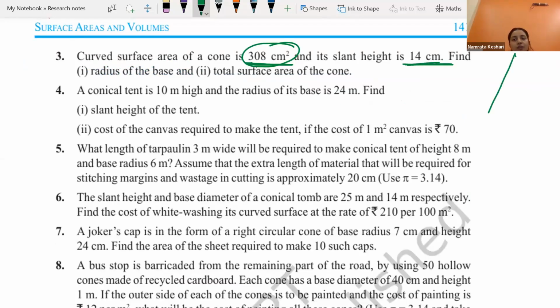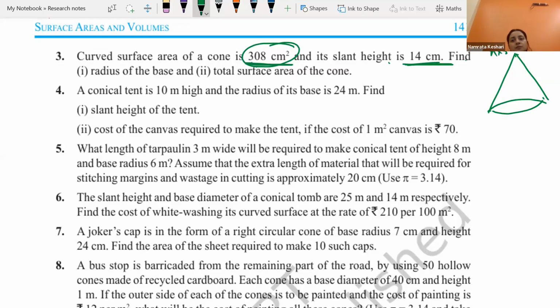A cone whose curved surface area, that means pi r l, is given as 308. Slant height l is given as 14 centimeter. Find the radius of the base.